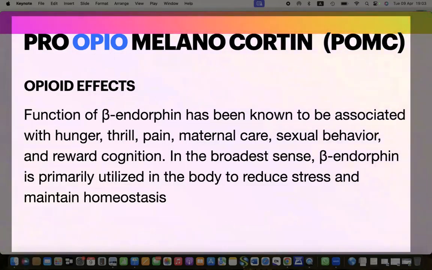So let's look at the different parts of POMC, starting with the opioid effects. You can just see over here, beta endorphins, enkephalins, a whole range formed, and obviously we need these.